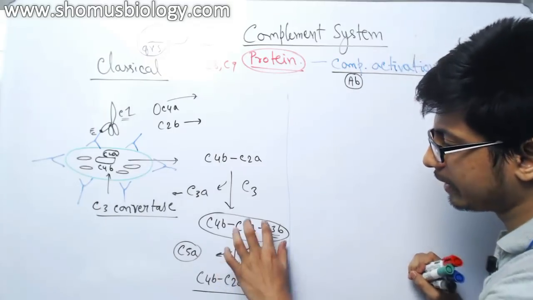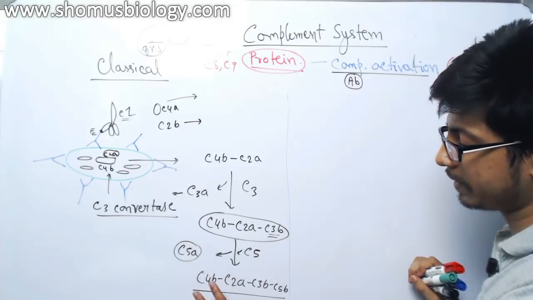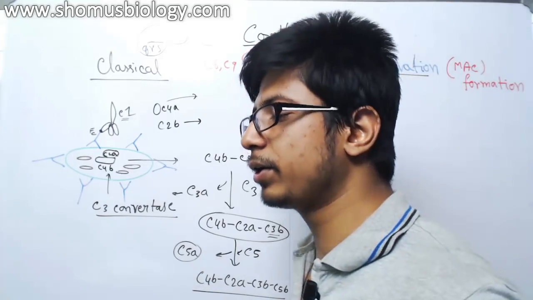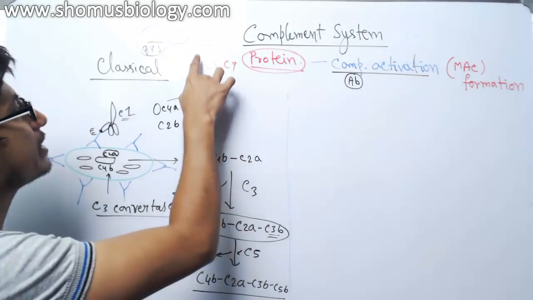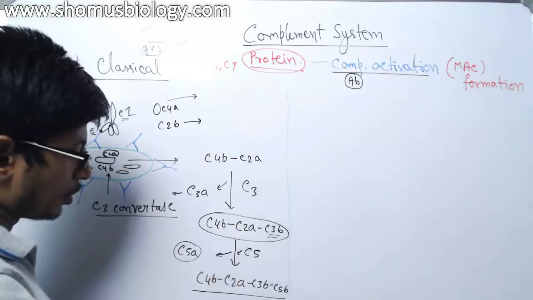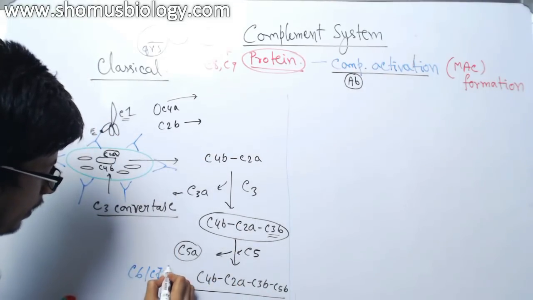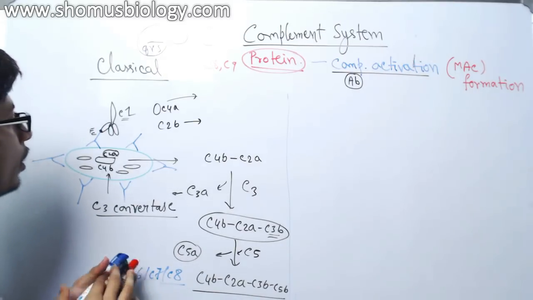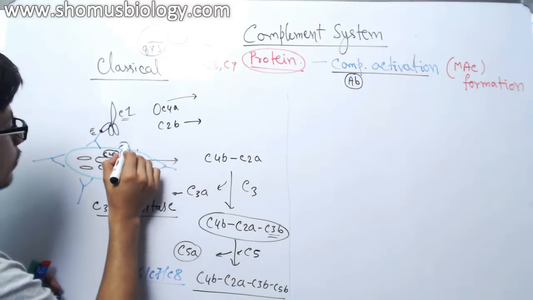But ultimately, when this complex activates and produces this complex, it will recruit some more complement proteins, that is complement protein 6, 7, 8. So they will attach with C6, C7 and C8. And ultimately, when they attach with all these complements, remember, everything is attached to the surface of the membrane.